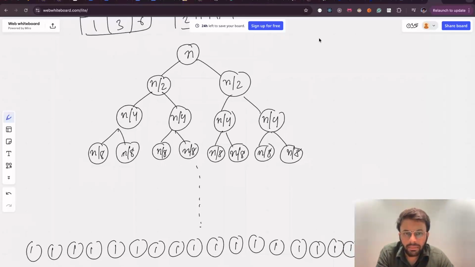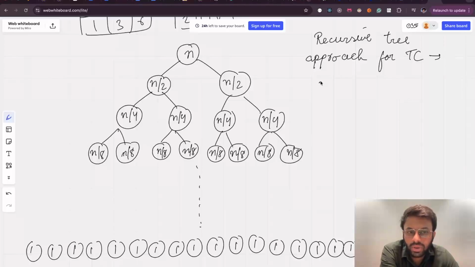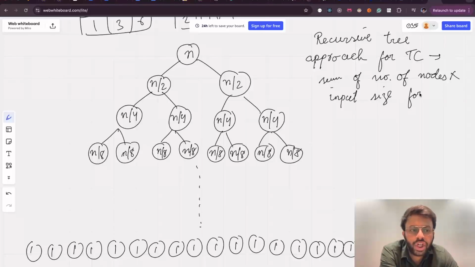Okay. Now my recursion tree approach to time complexity tells that to find the time complexity, all you need to do is sum the number of nodes multiplied by input size for each level.